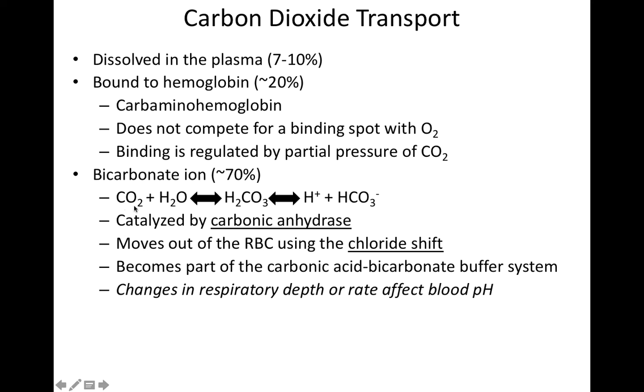We've got a lot of CO2 in the body, and a lot of water. When these two react, they form carbonic acid. And then carbonic acid can further dissociate into a hydrogen ion and a bicarbonate ion. This is all reversible, so it goes in both directions based on how much of either end we have.